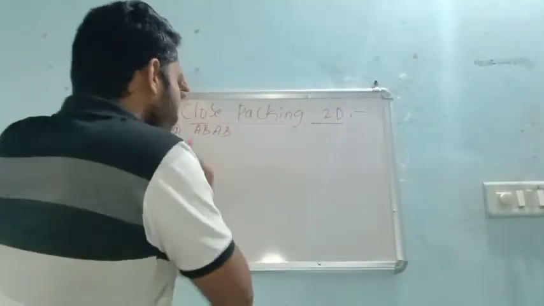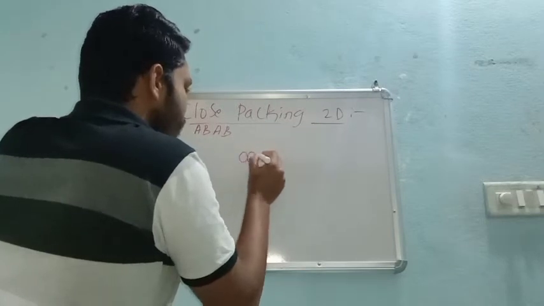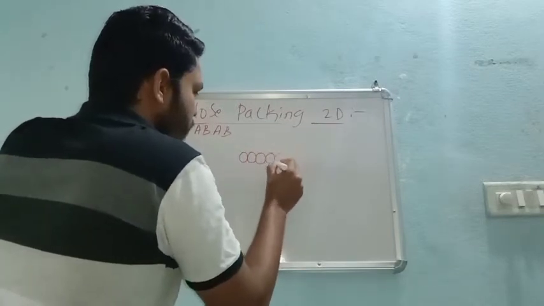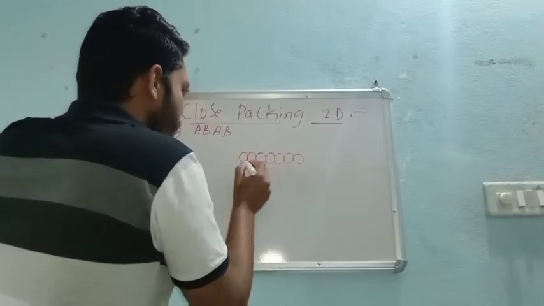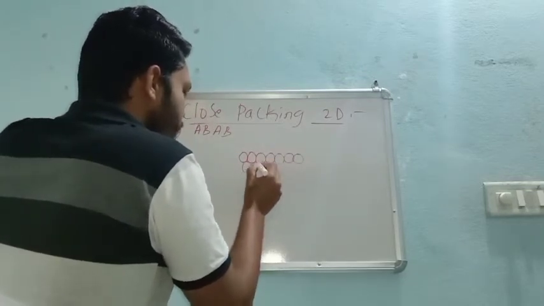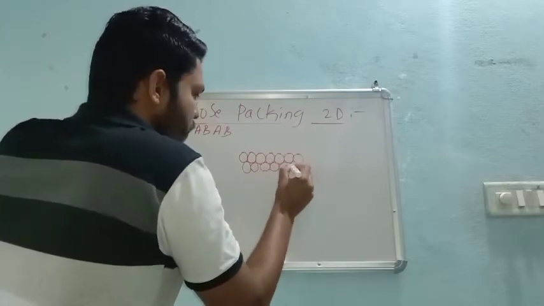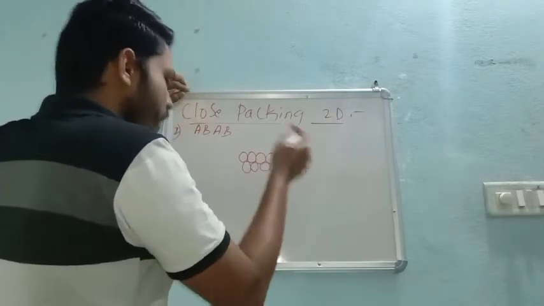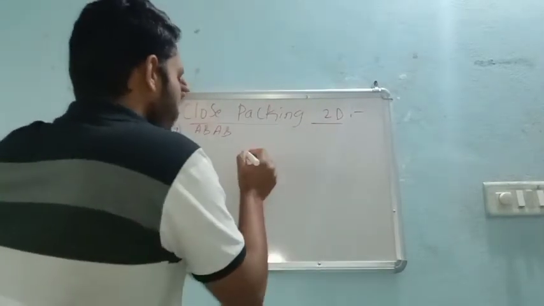The same letter is nothing but the same arrangement. If we consider the second type of arrangement, then B will come in the middle, right? That is why we are abbreviating like this. That means A is different than B.